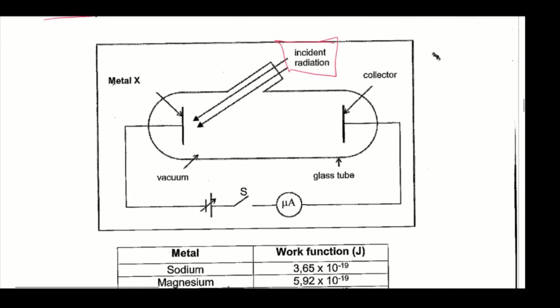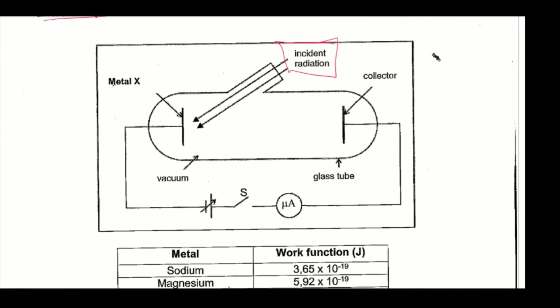Fine, so this is a diagram. This is the apparatus that is set up by the learner. We have our metal X here. We have an incident radiation. They're using different frequencies to emit light onto this metal X. And then this is the collector. We have our glass tube here, and they're saying that this is a vacuum.